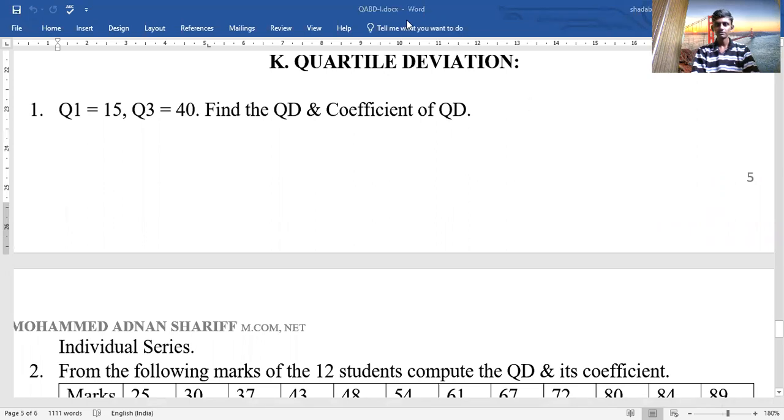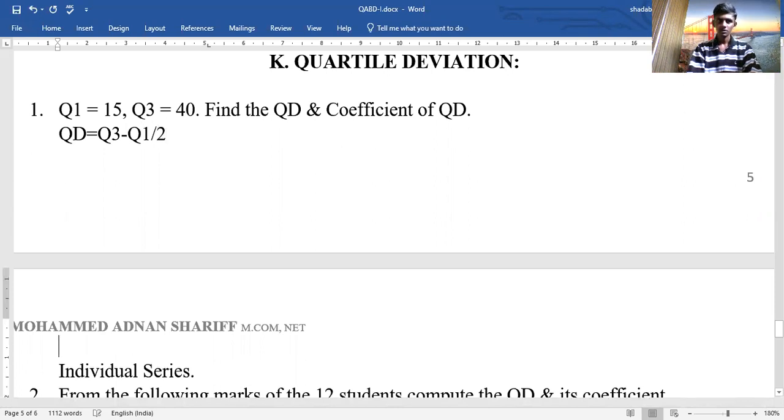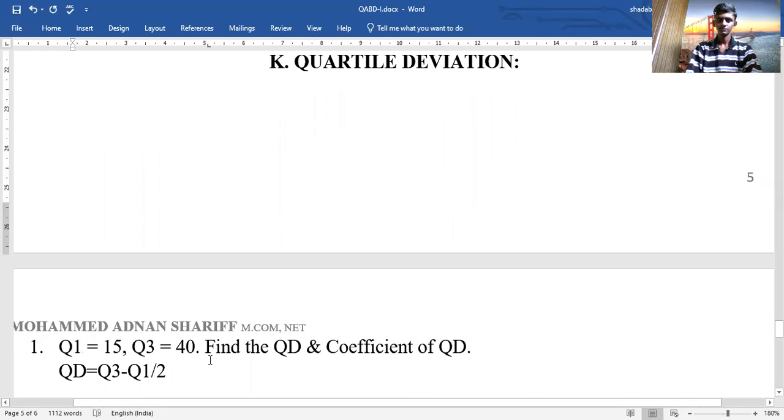The formula will be quartile deviation equals Q3 minus Q1 divided by 2. Just look here and I will execute this.